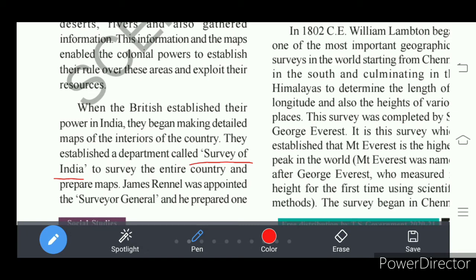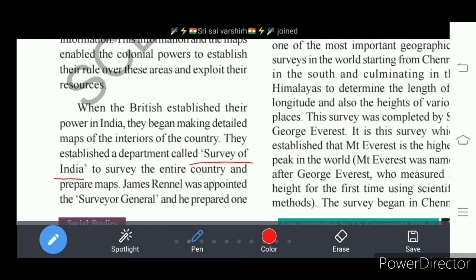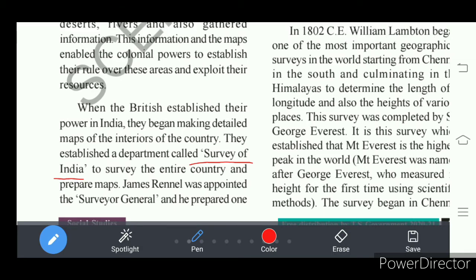everything in detail. That means where the minerals are, where there are plains, where there are deserts, where there are mountains. This information is essential for them to exploit India and to use the resources of India.